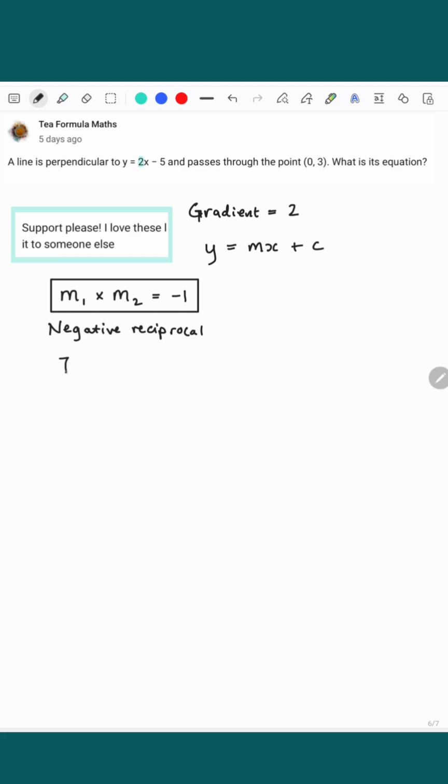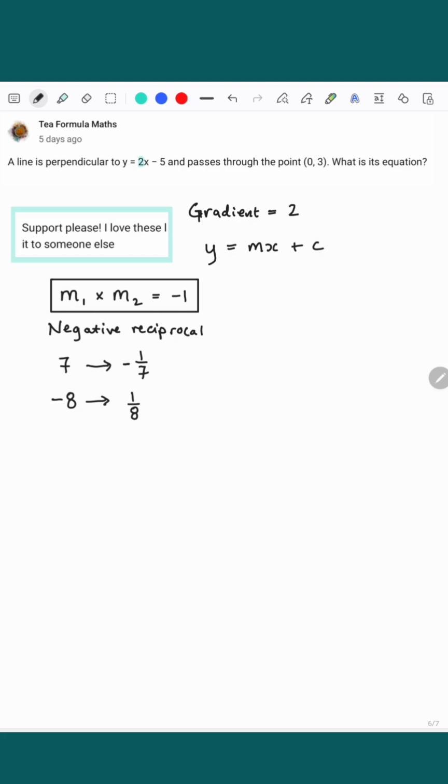To give you some examples: for 7, the negative reciprocal would be -1/7. If I just wanted the reciprocal, it's 1/7, but the negative is -1/7. Okay, let's try -8. That's going to go to 1/8. You might say, well, if it was the reciprocal, it would be 1/-8.